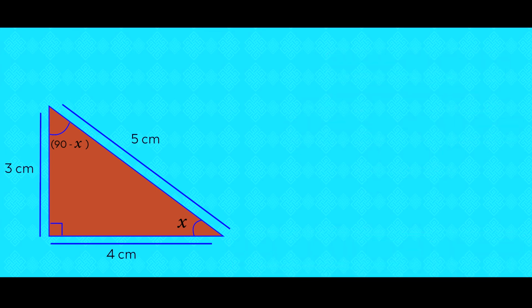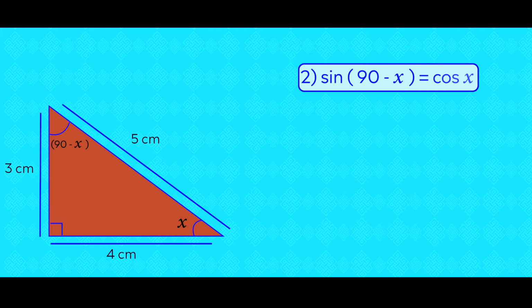Let us now look at the second relation, that is sin(90 - x) equals cos x. To prove this relation, we will take the same right triangle. As we can see, the left-hand side of the equation involves sine ratio.